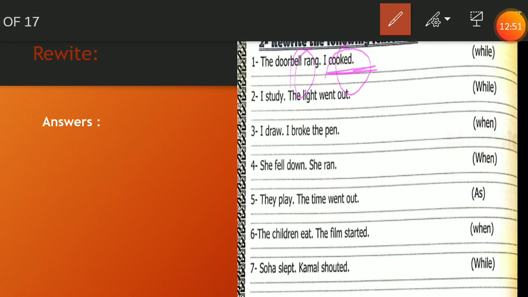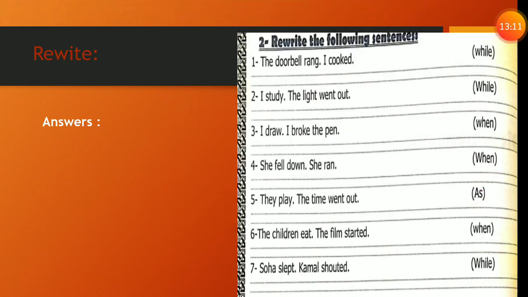Cooked took a long time in the past, so we will change cook to was or were plus verb-ing. So, the doorbell rang while I was cooking.